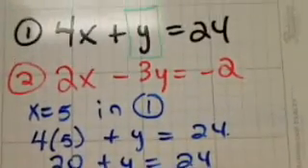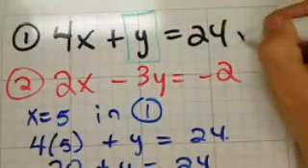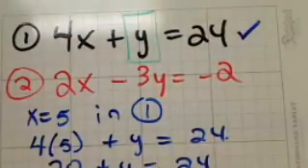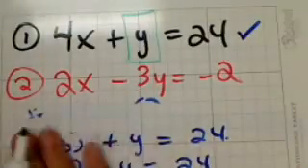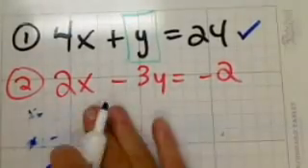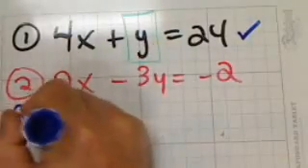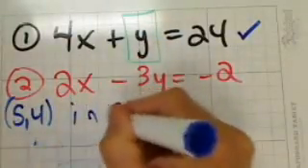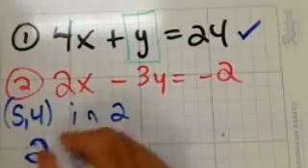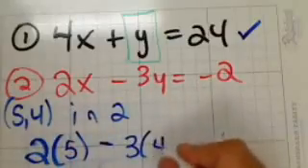Well, if I look back at my system, I've used the first equation to do that, so I'm going to turn around and check my answer. So I'm going to check 5 comma 4 in equation 2, so I'll have 2 times 5 minus 3 times 4.